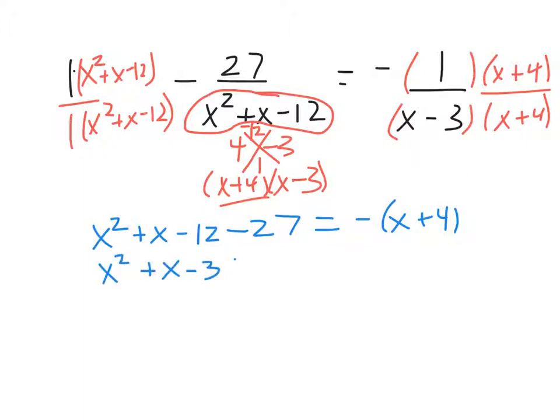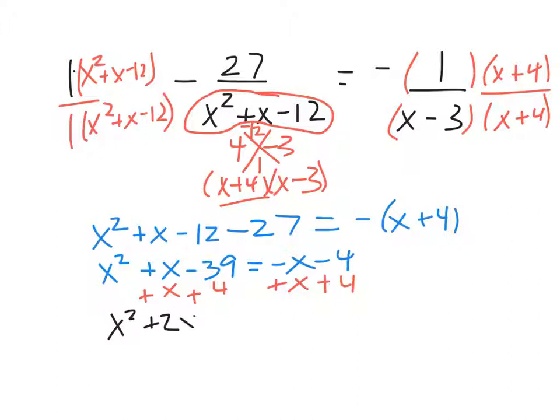So minus 39 equals negative x minus 4. Once again, you want to keep your x squared happy and positive, so I'm going to move everything to the left in this problem. Just make sure you're doing the opposite. So I get x squared plus 2x minus 35 equals 0.